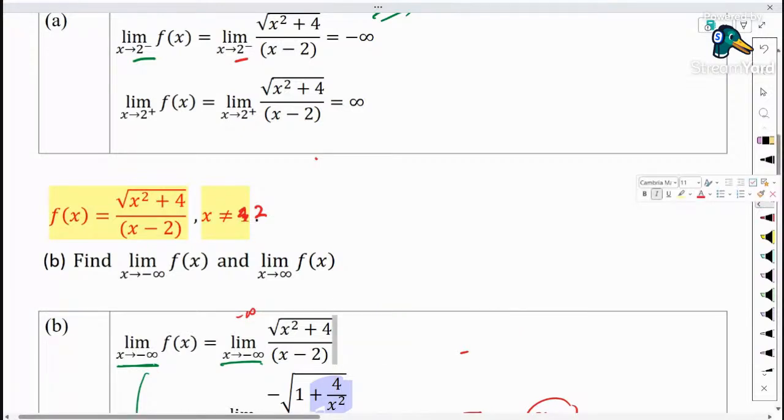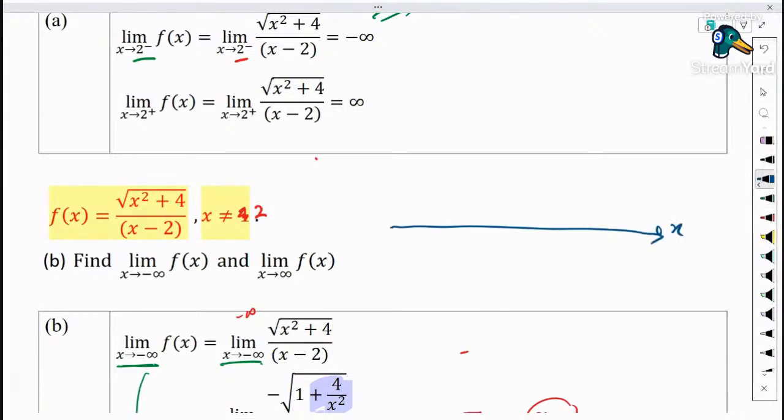Okay, first I would like to start with the horizontal axis, which is the x-axis. And then I will continue with the vertical asymptote, which happens to be, sorry, not negative 2, x equals 2. So let's say I reserve here as 0. So here is x equals 2, so it should be the asymptote.